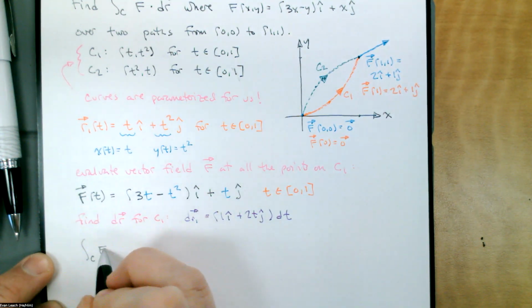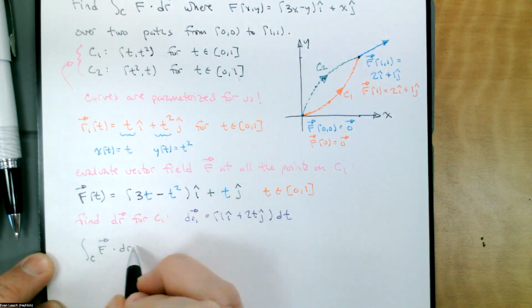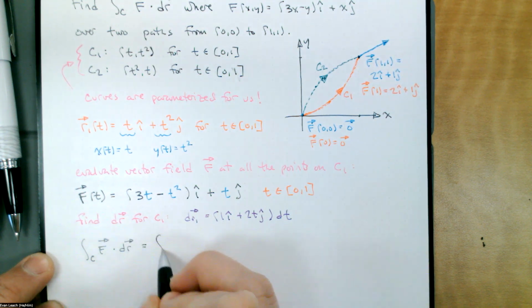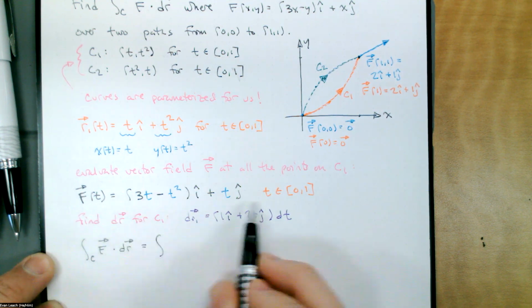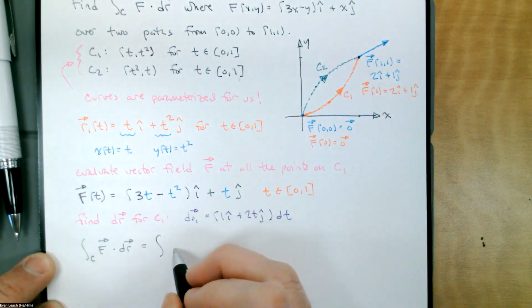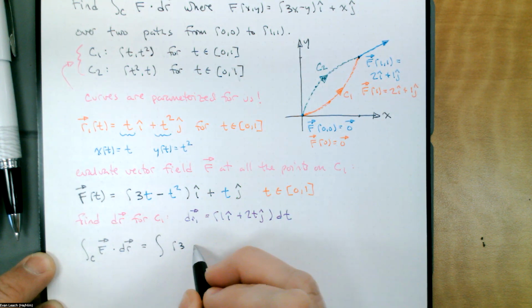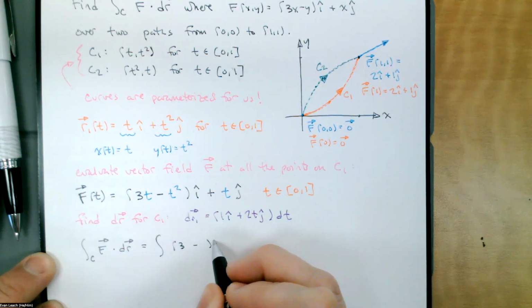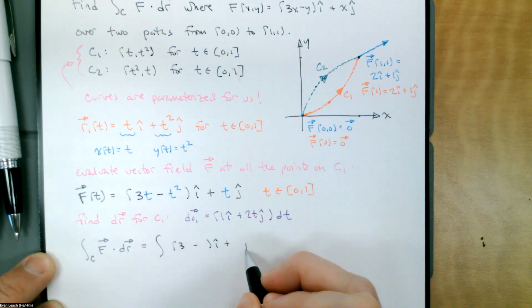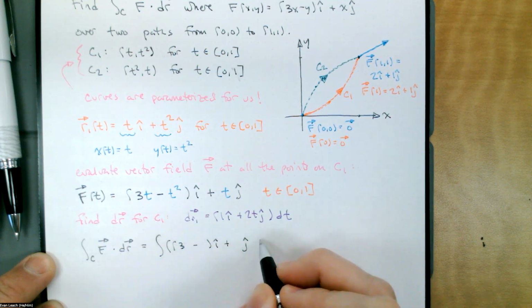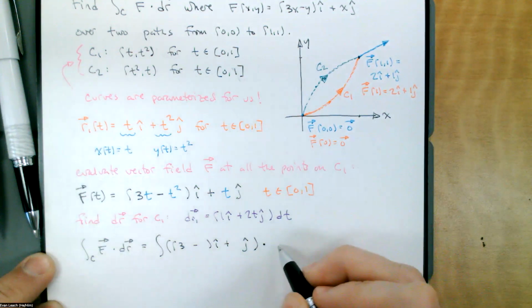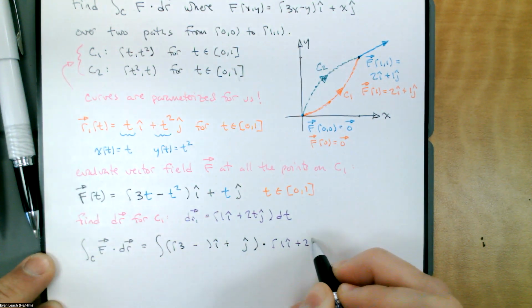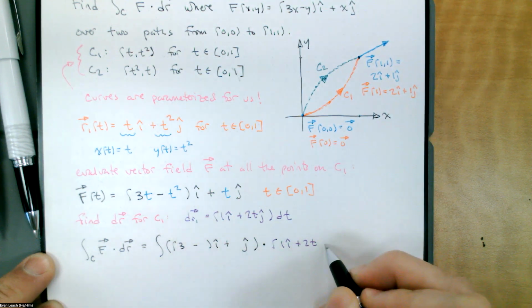our line integral f dot dr. We're going to integrate the dot product of the vector field along the curve C. So 3t minus t squared i plus 2j, dot the dr, in parentheses.